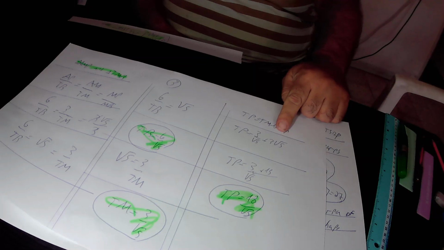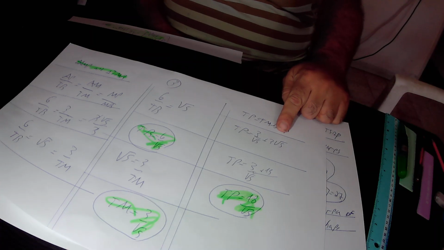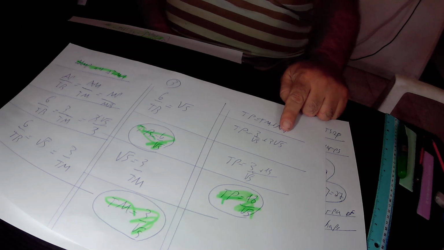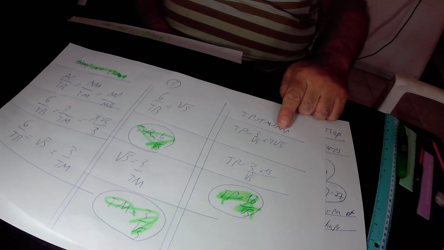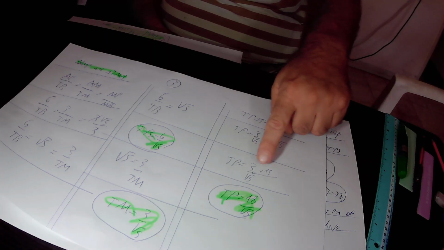Here we multiplied 3 times square root of 5 by square root of 5 and then divided by square root of 5 in order to get a common denominator. Square root of 5 times square root of 5 is 5, and 5 times 3 is 15. So the numerator is 15 and we divide it by square root of 5.